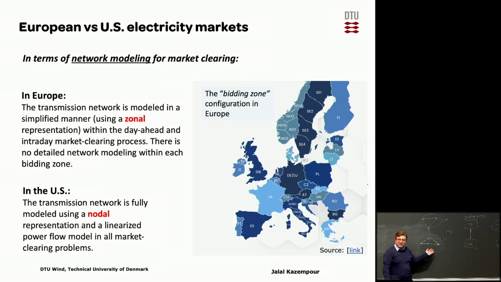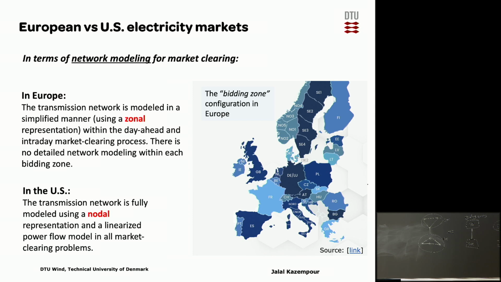This has a lot of implications. Please be patient, we are going to talk about that next lecture. But let's see the bidding zones in Europe. This is the bidding zones in Europe. Maybe you can check it for 30 seconds and see what kind of configuration you see for bidding zones in different countries.